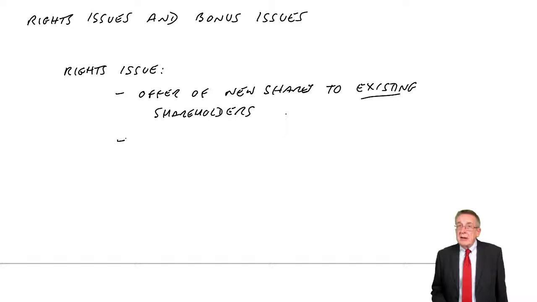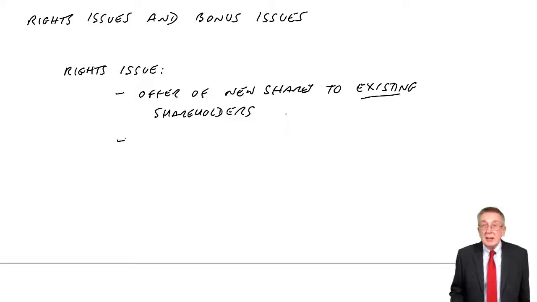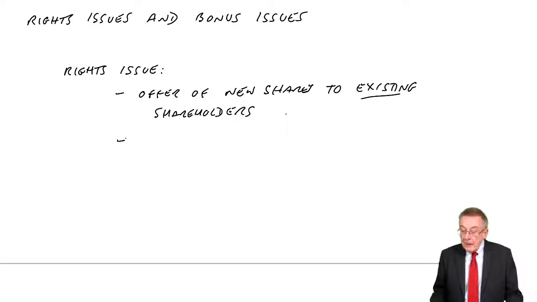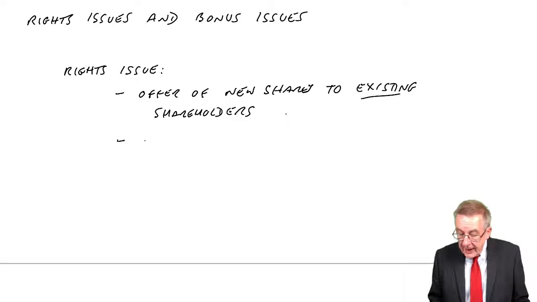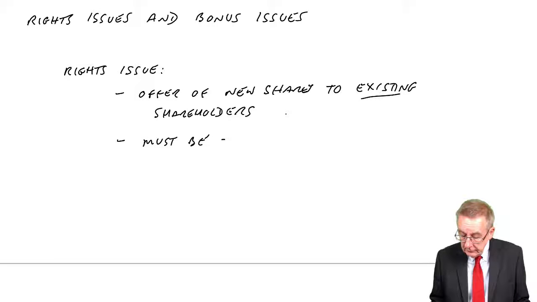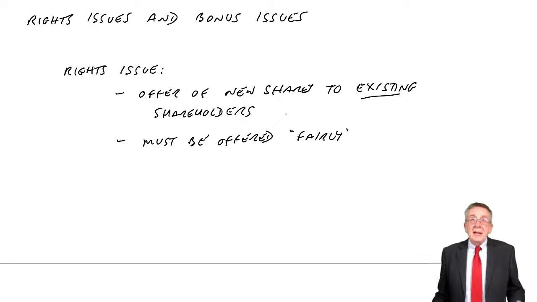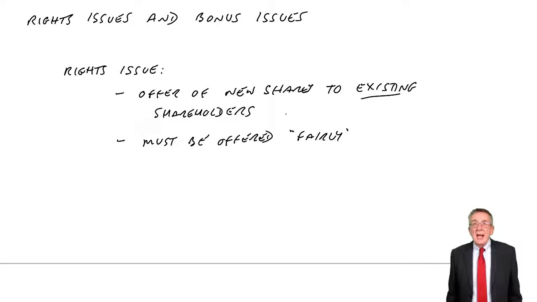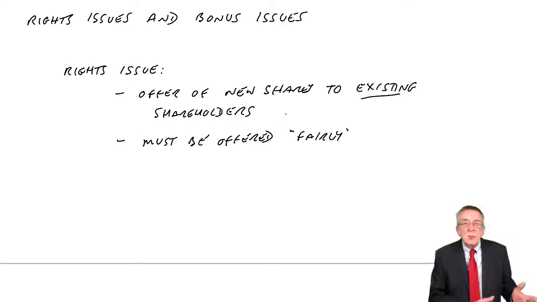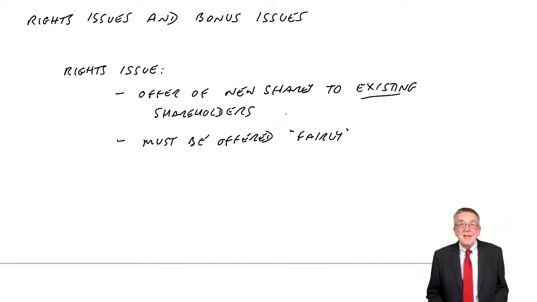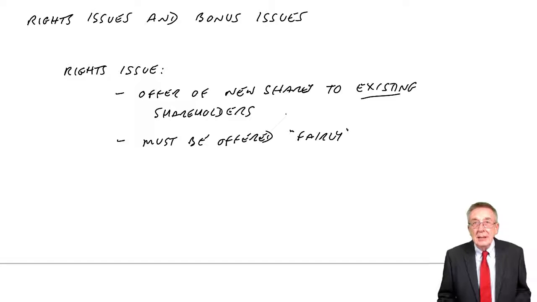Two things, though, are very important, as you'll see when we look at the numbers with an example. One is they must be offered fairly. What I mean is, if we want to issue 1,000 new shares, you can't just write to one shareholder and say, do you want to buy another 1,000?